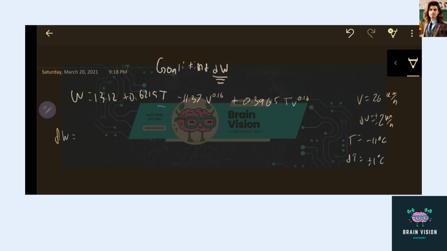You'll see that there are two variables here, T and V. So that means we have to take the two partial derivatives.